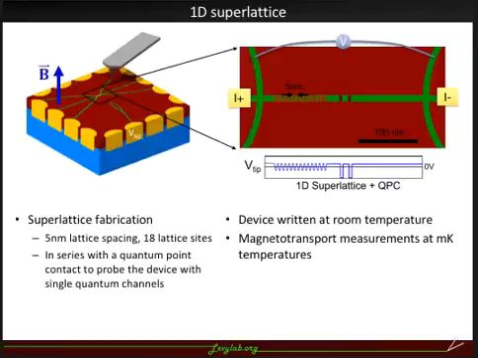Again, these devices are written at room temperature and then cooled down to millikelvin temperatures in a dilution refrigerator, where we can perform magnetotransport measurements as a function of an out-of-plane magnetic field up to 16 Tesla, and also as a function of a local gate voltage that we apply to this gate, which is also written using the same lithography technique.